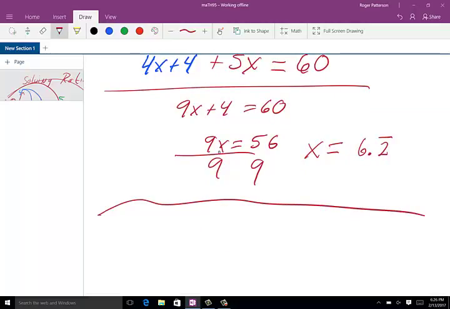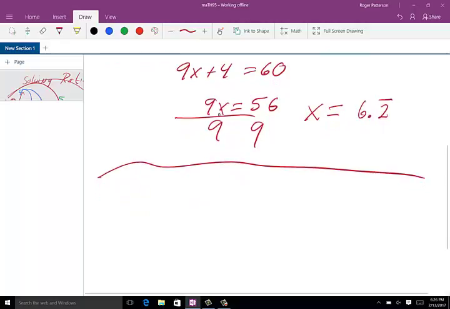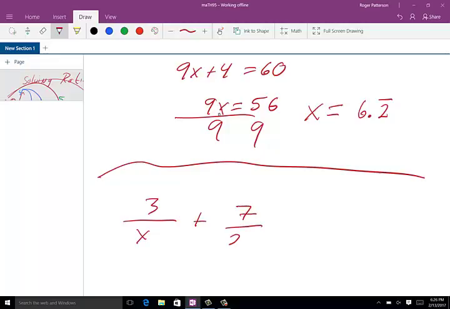Let's make them just a little bit tougher here, of course, because that's how it works. 3 over x plus 7 over 2x equals 8. Try this one out.